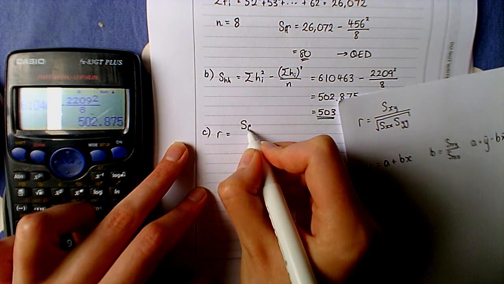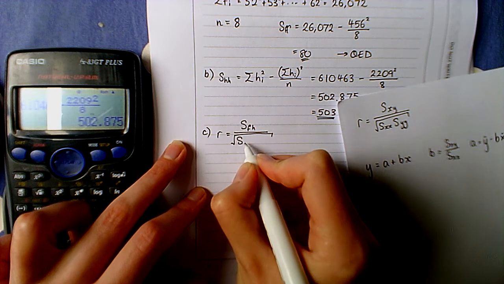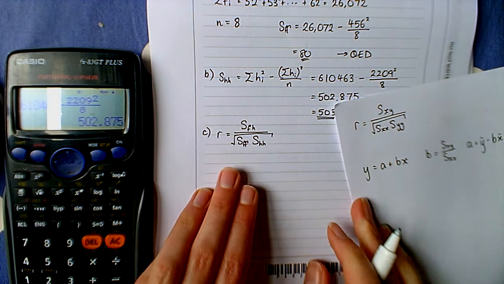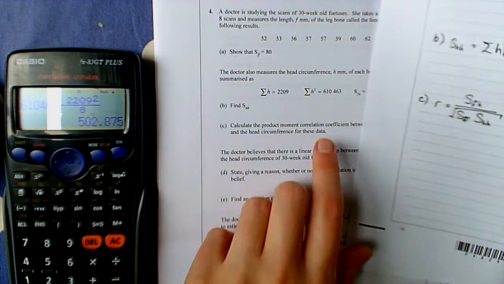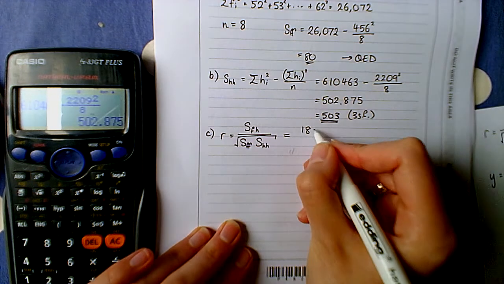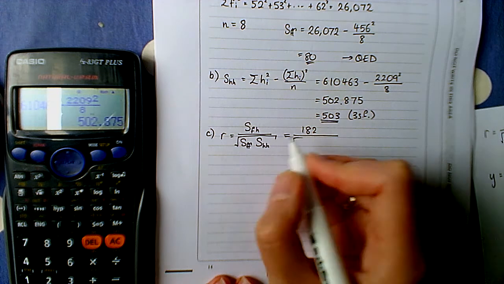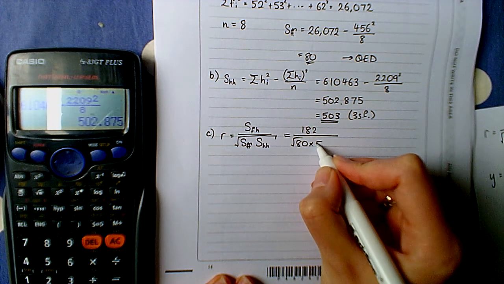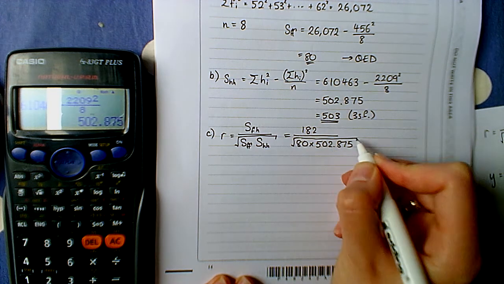So this will be Sfh over the square root of Sff times Shh, and the top number Sfh is given here, 182, and we're dividing by the square root of Sff. We had to show that that was 80, and Shh is what we just worked out, and we're going to use the fully accurate one.